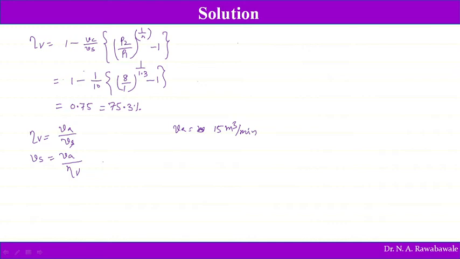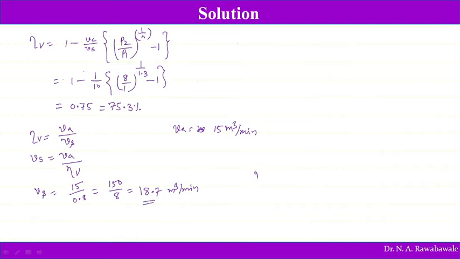And this Vs which we get, so now Vs is equal to Va, which is 15, divided by 0.8. So this works out to be 150 divided by 8, that is 18.7 meter cube per minute.